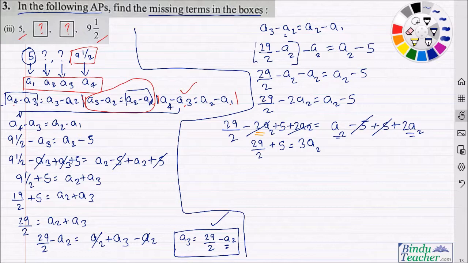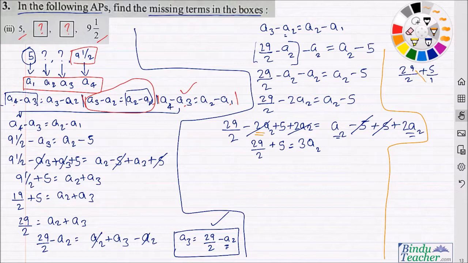Okay, now let's calculate 29 by 2 plus 5. So let me just draw a line. So this is my worksheet, right, where I'm just practicing the calculations.